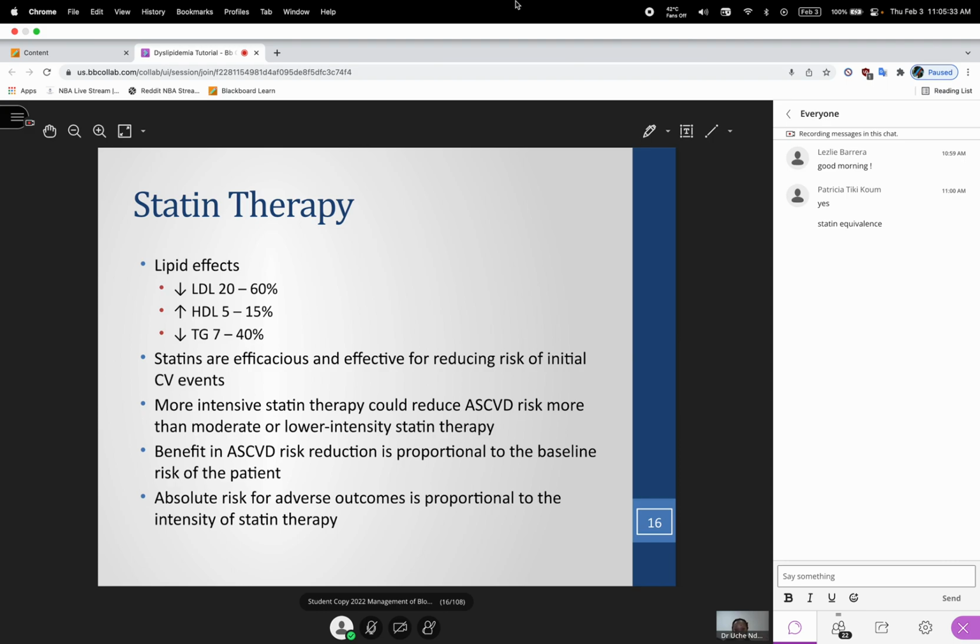So don't get focused on treating triglycerides with anything other than a statin unless it's greater than 500. Okay? So please remember this first bullet here.